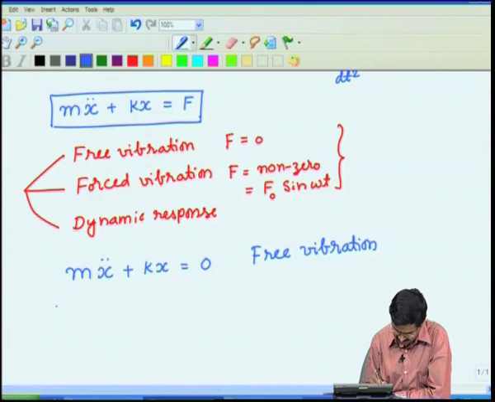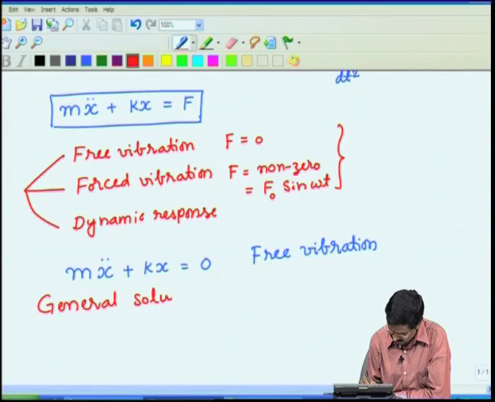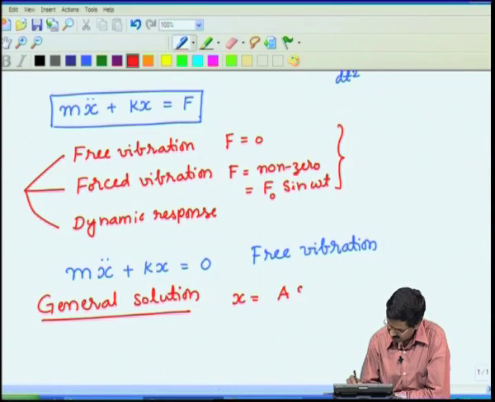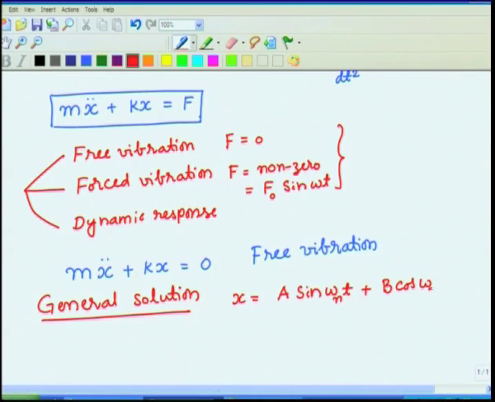So, the general solution of this equation is x equal to a sin omega n t plus b cosine omega n t.